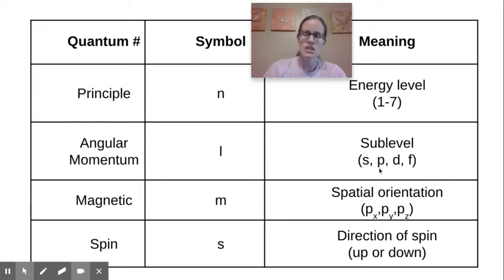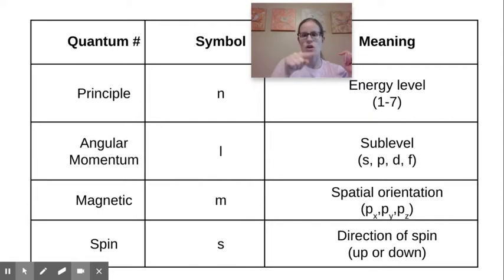The P is the easiest one to think about. Well, I guess the S is the easiest one to think about because it can only be in one place. It's just a sphere. And then the P is the one that I'll ask you about on a test. It can be in 3 different spots. Think about math. You've got your x-axis and your y-axis. So you can have an hourglass electron cloud on the x-axis.